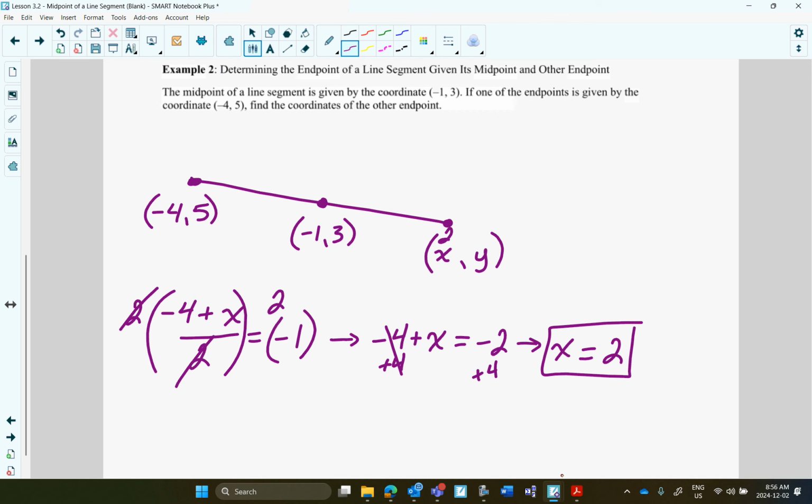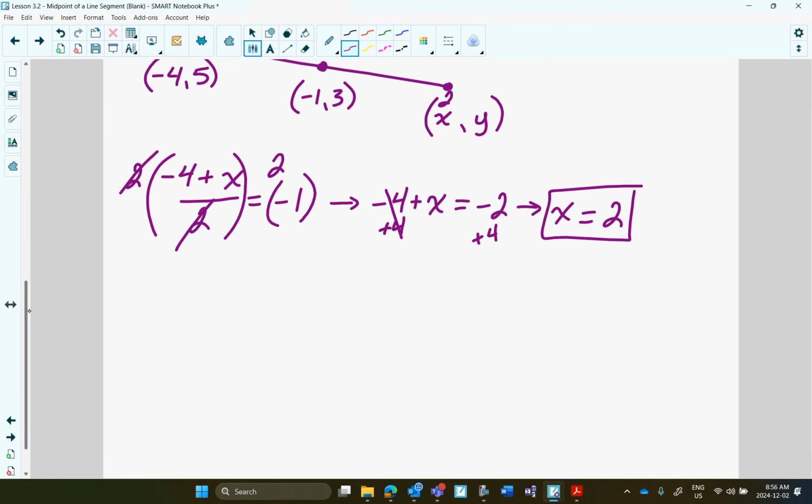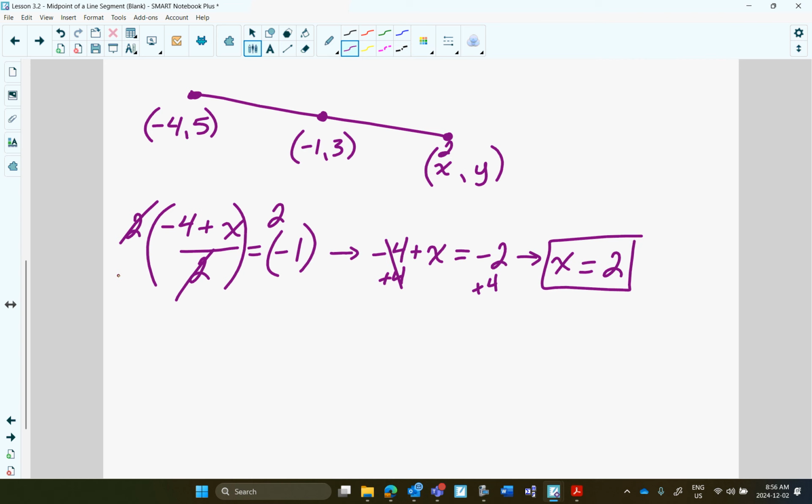And you do it the same way, except different numbers, to find the missing y. So how do I find the missing y? Well, one of the y endpoints, 5, plus the other y endpoint, which I don't know, which I call y. If I add them together and divide by 2, I'm going to get the midpoint y, which is 3. And then I solve that equation.